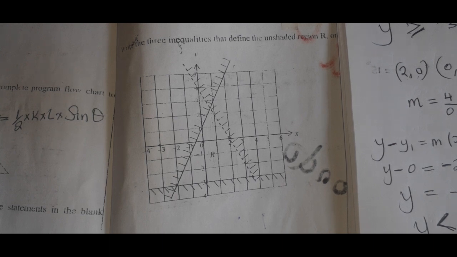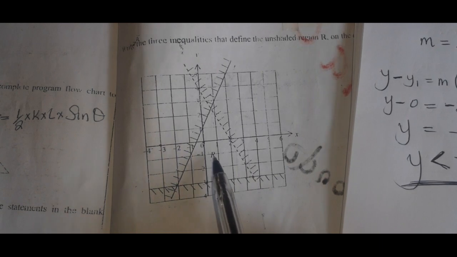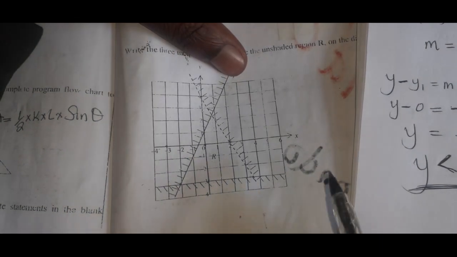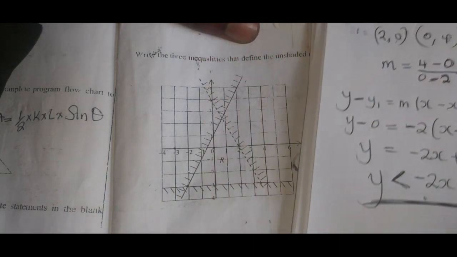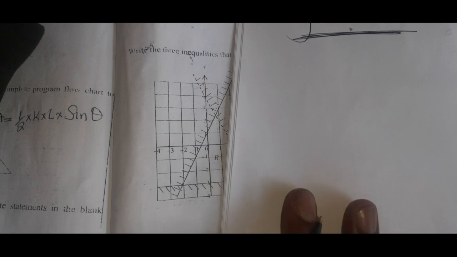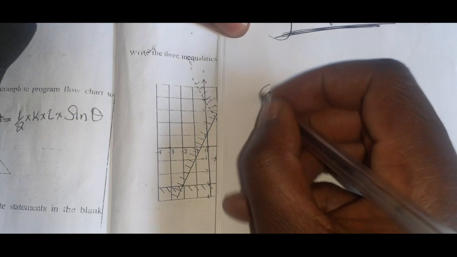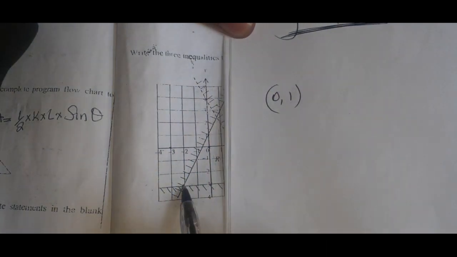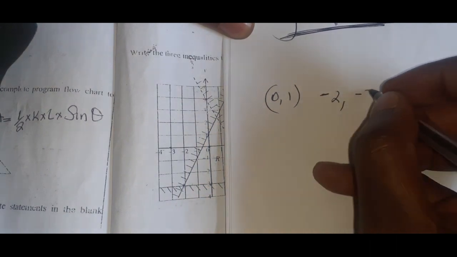Again, for the last one, we have just to pick 2 points that are on this line. One of them is this point here, which is 0,1. Then the other point is this one here, which is -2,-3.